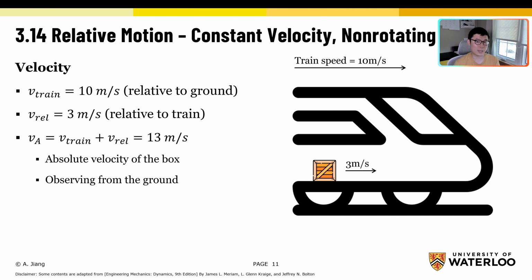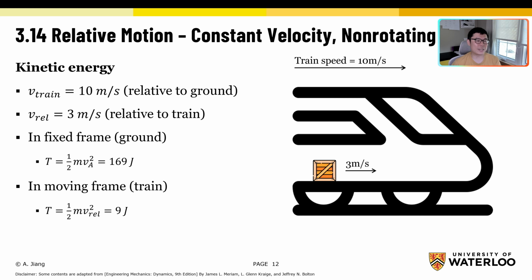So we have v_train, which is relative to the ground, or we can say that is absolute, 10 meters per second, and v_relative of the block, 3 meters per second, which is relative to the train, the moving frame. So we can calculate the absolute velocity of A as v_train plus v_relative, which equals 13 meters per second. This is the absolute velocity of the box, and this is the velocity observed by a person standing outside the train on the ground.